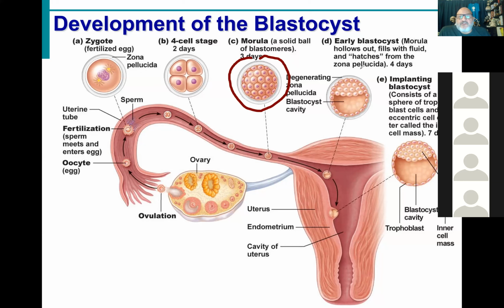Here, when we start to get to the level of the blastocyst, this is where we're going to see a little bit of a change. The inner cell mass is still basically omnipotent stem cells. However, the trophoblast is starting to change. These cells are going to have different destinations.